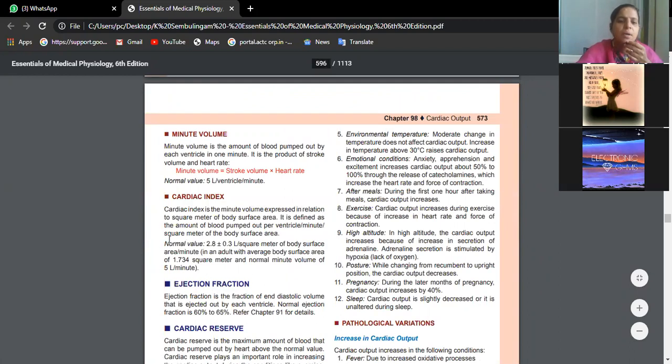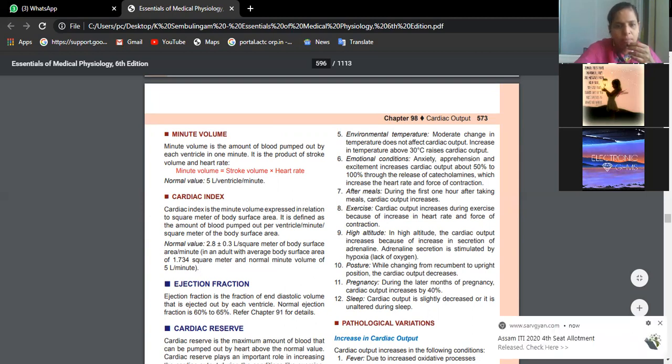Cardiac index is minute volume expressed in relation to square meter of body surface area. Defined as amount of blood pumped out per ventricle per minute per square meter of body surface area. Normal value is 2.8 plus or minus 0.3 liters per square meter of body surface area.